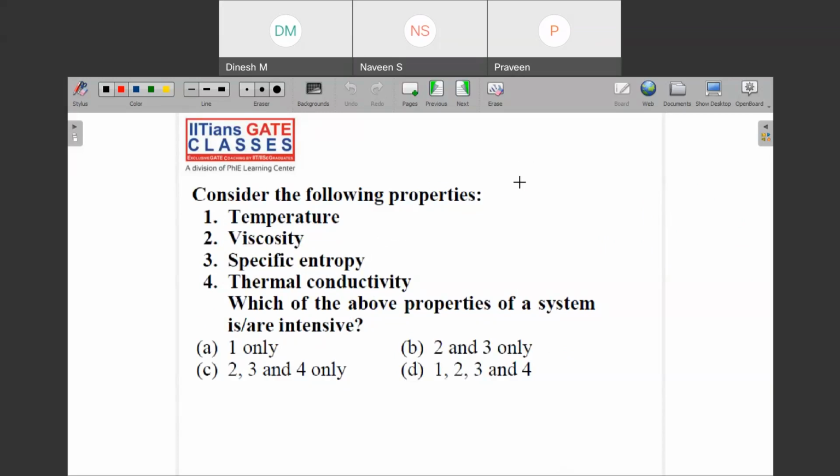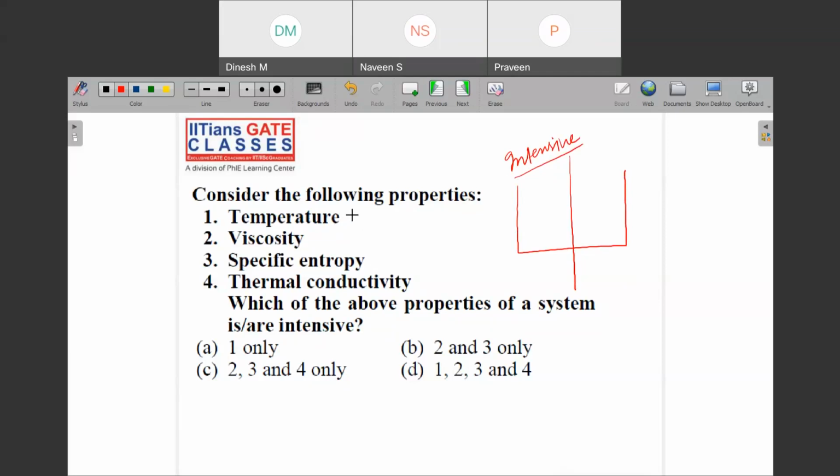First thing you need to recall from your memory is that intensive is the one in which there is no mass dependency, right? That the properties are independent of the mass. And how did we identify it? We will consider a system and we will part it into two, and then we'll look at the properties given in the question, and then we'll find out.